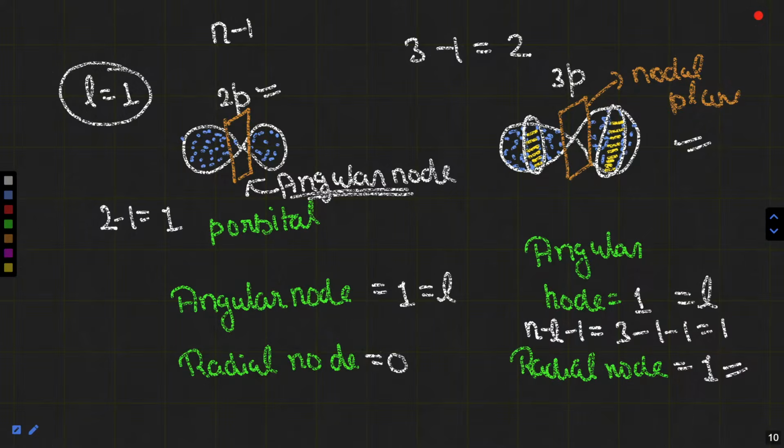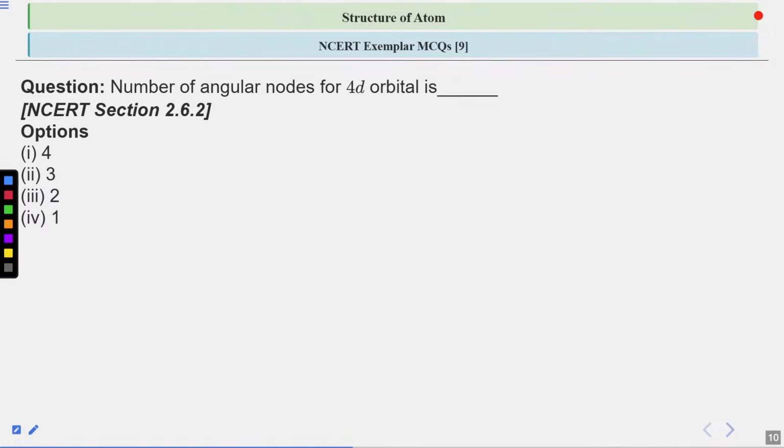Now moving on to our next question. I guess this thing is clear to all of you. In this question, you have to count the number of angular nodes for the 4d orbital. How will you count it? We will apply the formula simply. You have some time to solve this question.